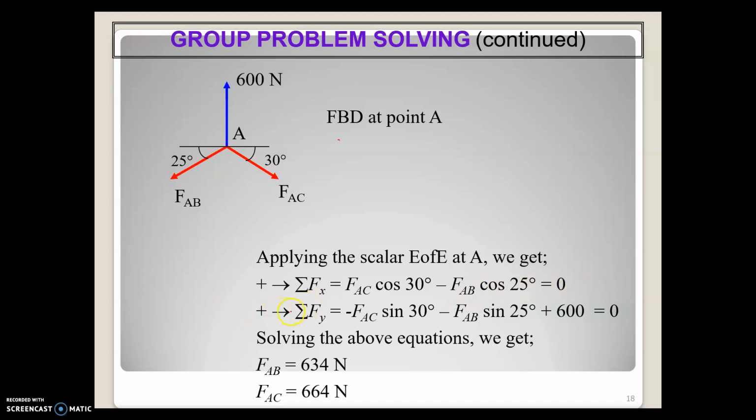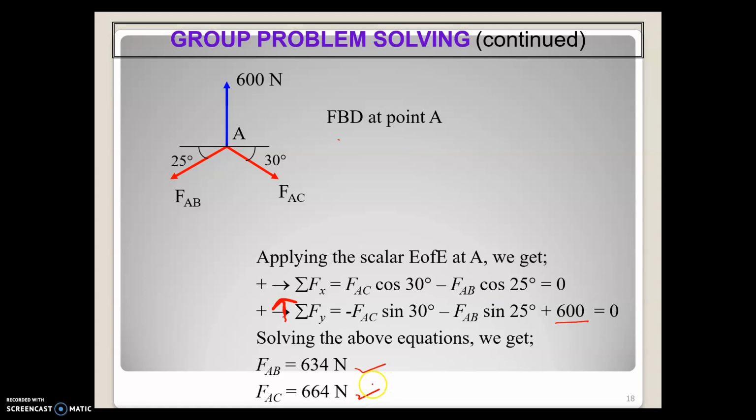Then, summation of Fy, moving up positive. You have positive 600, minus FAC sin 30 minus FAB sin 25 equal to 0. You solve both equations, so you get FAB is 634 Newton, FAC 664 Newton.